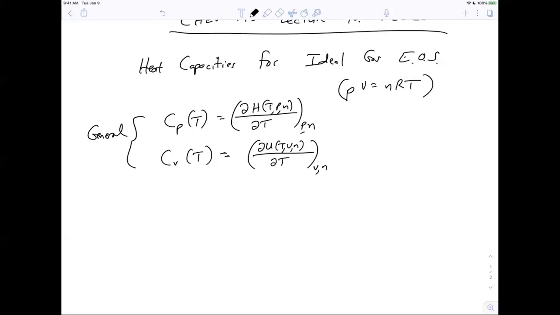So let's see what we get when we do this for an ideal gas. Okay, so what we can do is say that these are non-molar properties. So H and U, as we've written them here, are extensive.